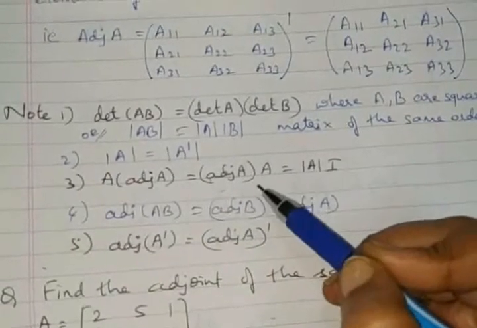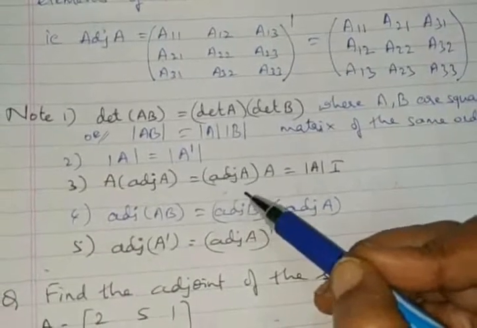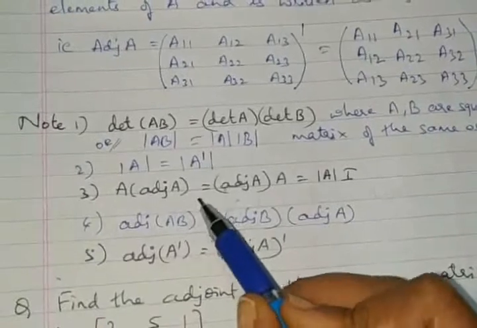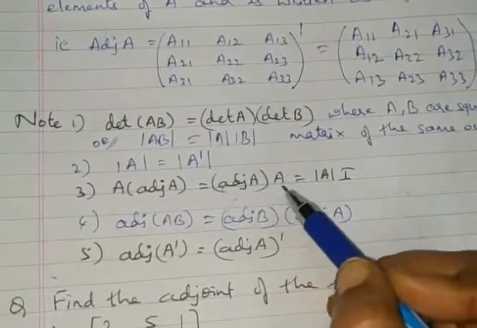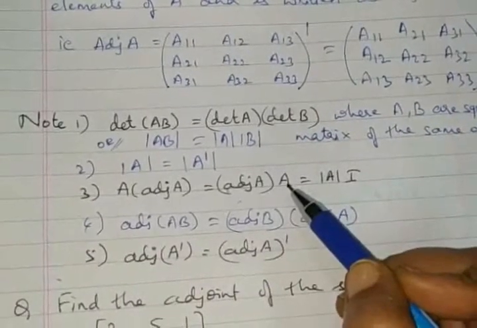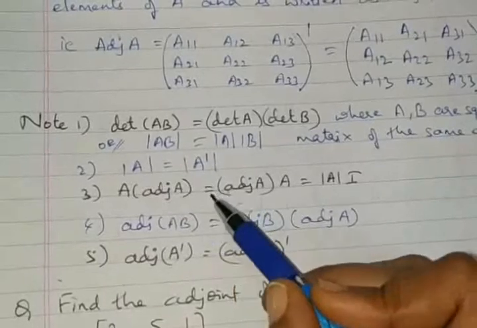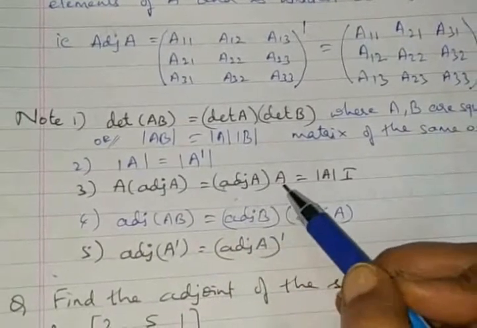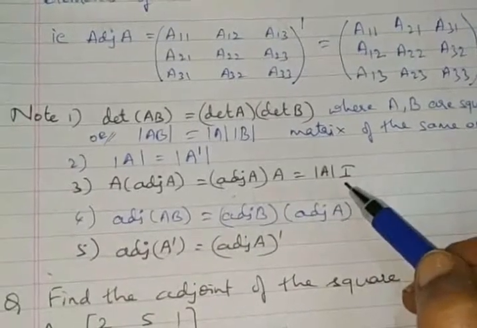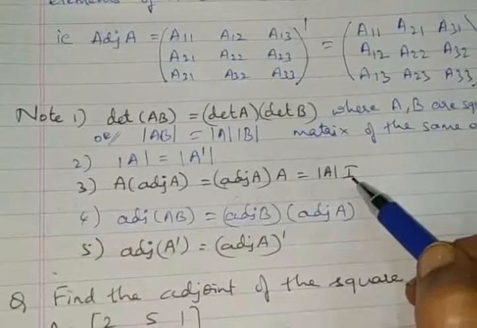We are giving it here as a note, which means this property, by hook or by crook, will stand for any square matrix. So when doing numerical sums you have to say that A into adjoint of A is definitely equal to adjoint of A into A, which is equal to its determinant value into I. I stands for the identity matrix.